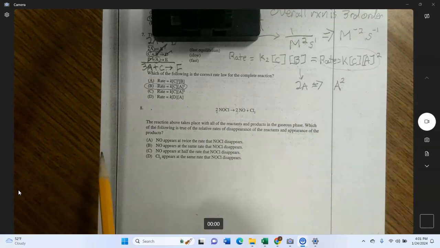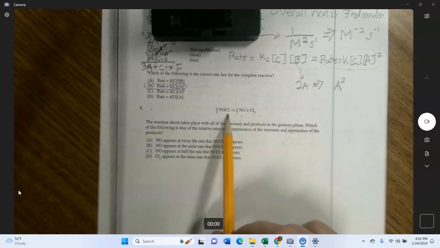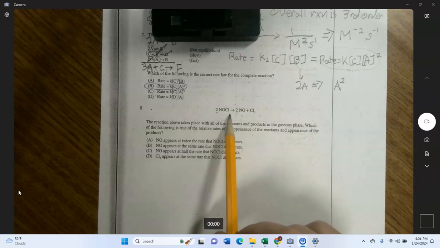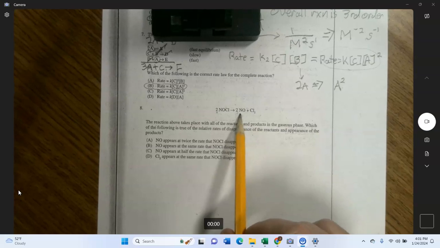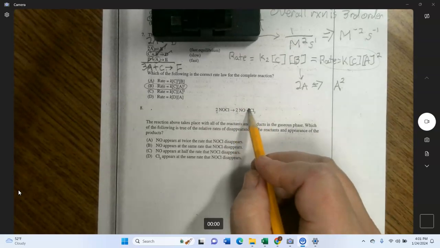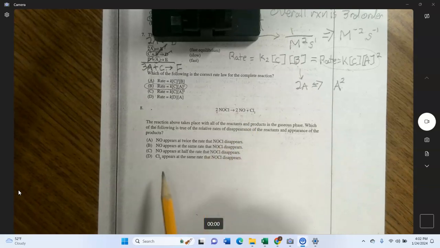Okay. All right. So let's see. You're going to assume that all of these things happen in the same amount of time. They have to. So you're going to lose 2 moles of NOCl in, let's say, a minute. And then in that same minute, you're going to gain 2 moles of NO, and you only have a 1 for Cl2, so in that same minute, you're going to gain 1 mole of Cl2.